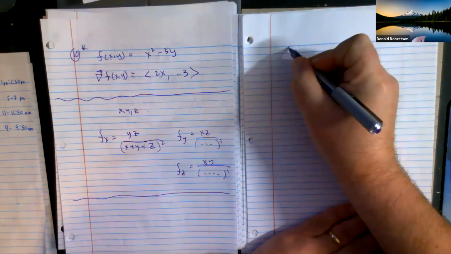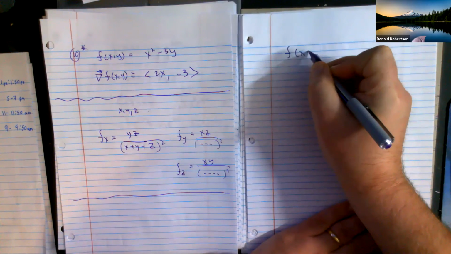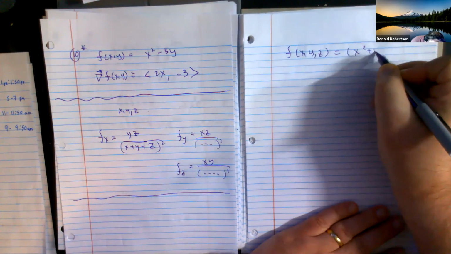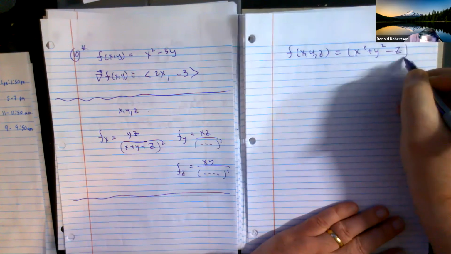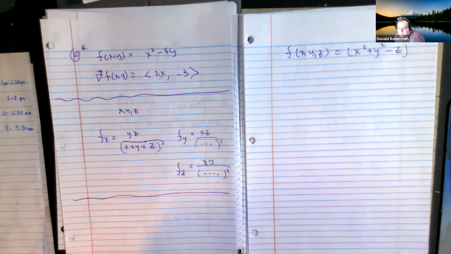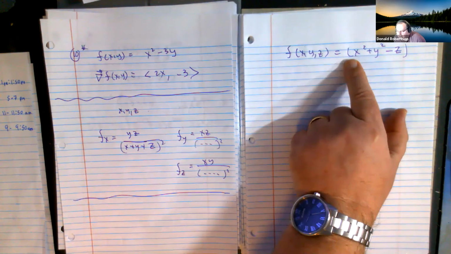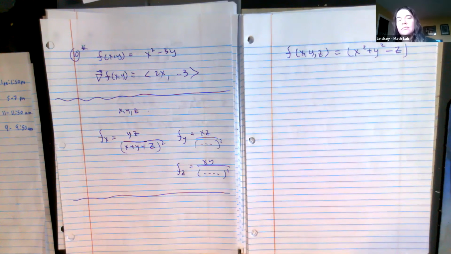Can you imagine that we had a function that looked like that? Now, it's not symmetric in Z, but would you agree it's symmetric in X and Y? Mm-hmm.